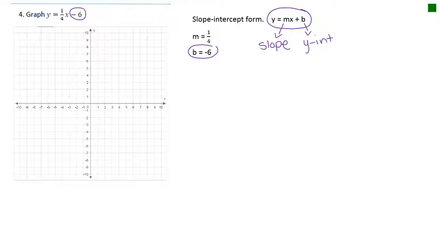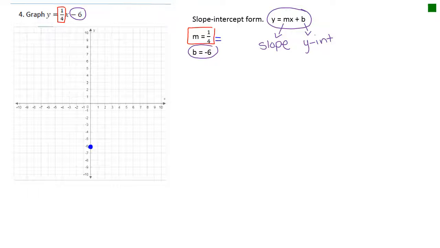And our slope, which is the number in front of the x, is 1/4. The first thing we want to plot is our y-intercept, because remember, we can't do anything with our slope until we have a point plotted. So we go down 6.